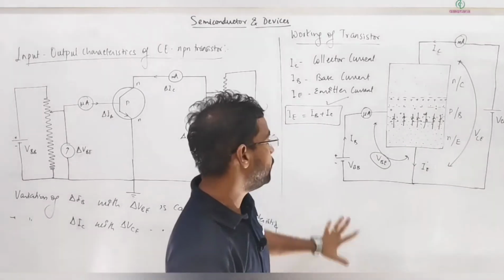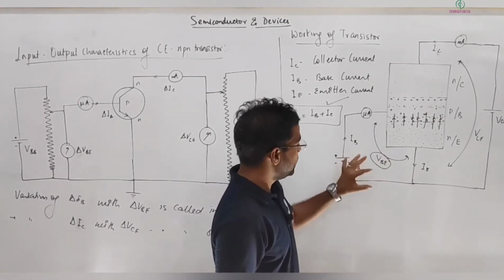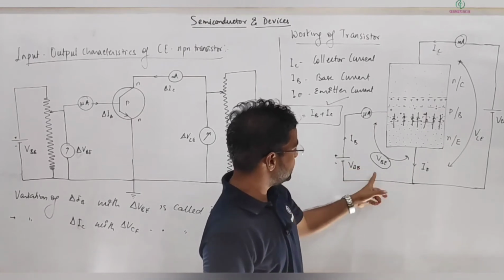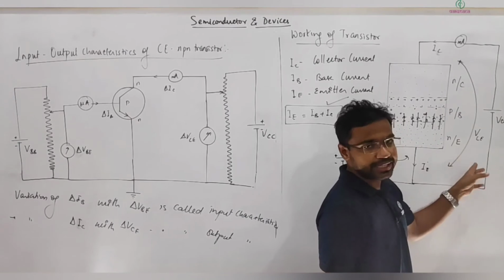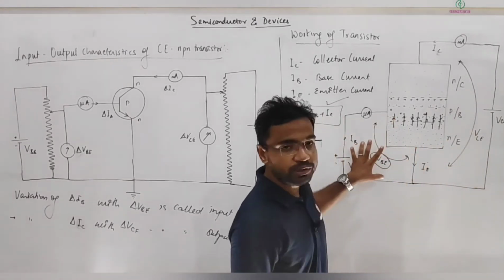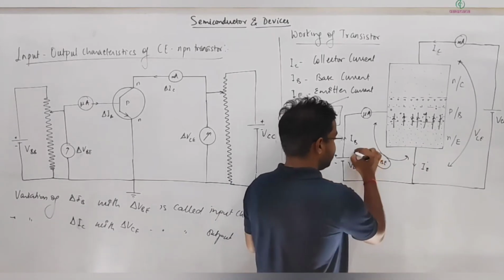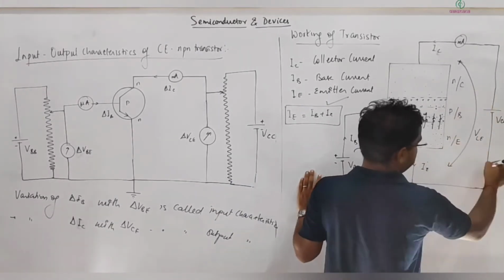So how can we apply KVL? We consider one loop this way and another loop this way. You can take any direction, but one loop will be this one and the other will be this one. So we can go in KVL in this direction, and similarly in that direction in the other loop.